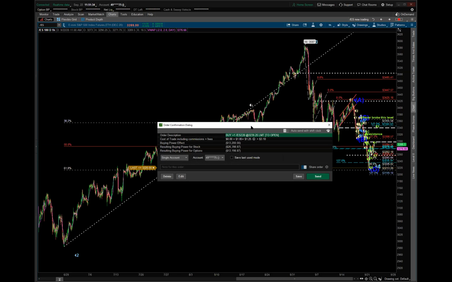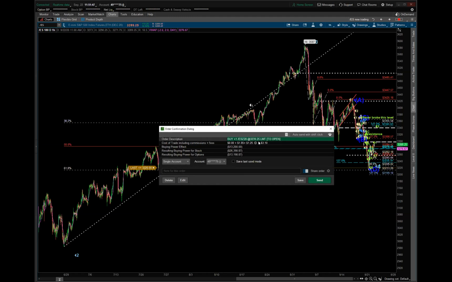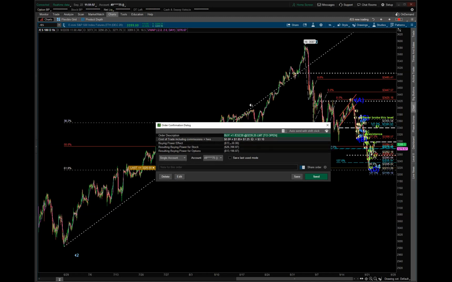So basically the cost of the trade is $3,239 plus the $3.10. No, the total cost right now is $3.10 already. Yes, but to buy the future, ES, the contract, correct? Yes. So it is $3,239 that we have to put in. Correct, if we're using Thinkorswim, that is correct.